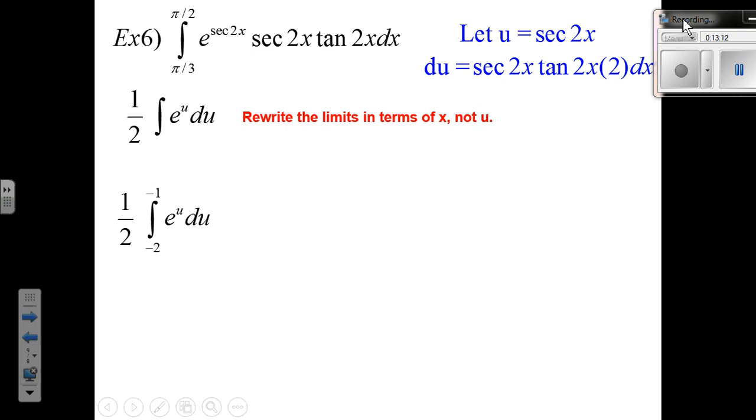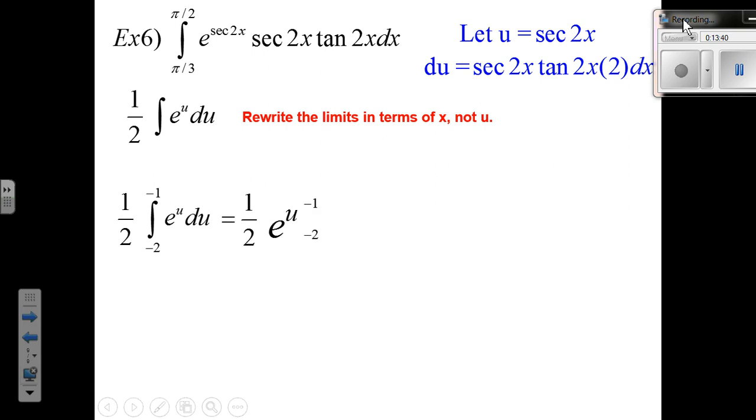So if I plug in pi over 2 into secant of 2x, then I'm going to get -1. So that's why that top limit of integration is -1 now instead of pi over 2. And if I plug in pi over 3 into the secant of 2x, then my u is going to equal 2. So that's all we did there, we just put those limits of integration in there.